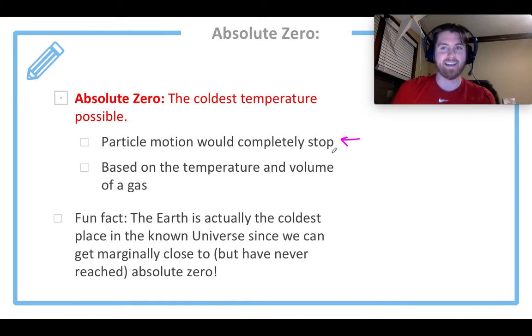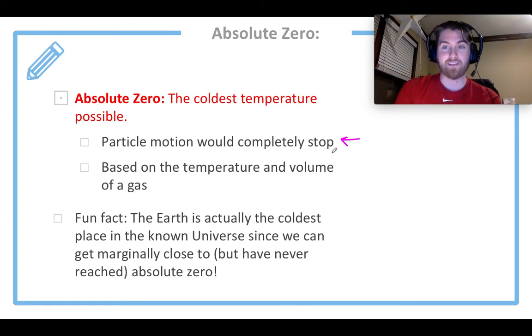How cool is that? So, no, we've never reached absolute zero, and more than likely, we never will. Even if it's 0.000 and a hundred zeros 1 Kelvin, you're not at absolute zero yet, and time is still going to progress, just very, very slowly. That's the main idea here.